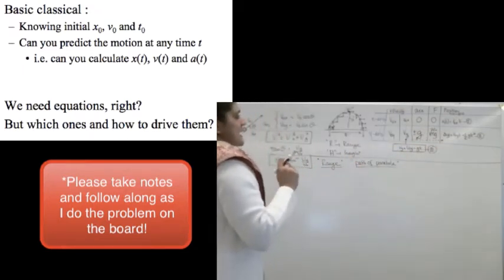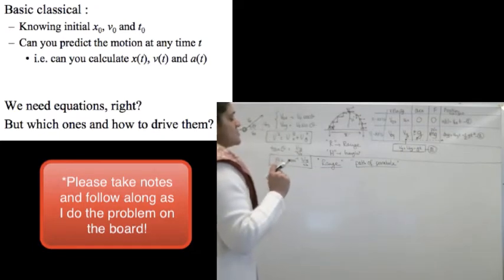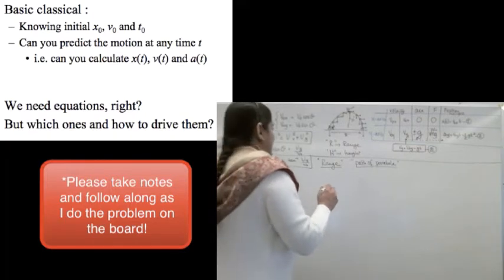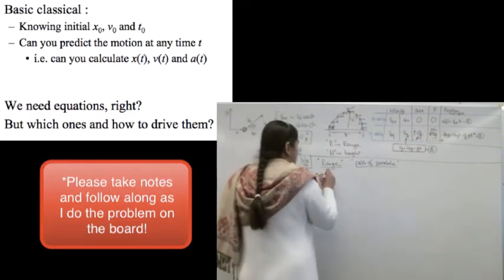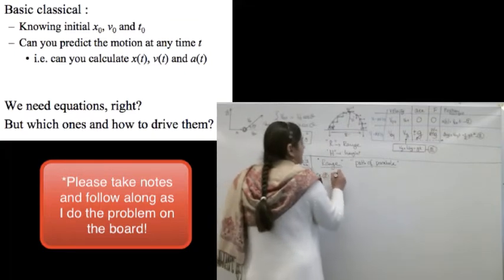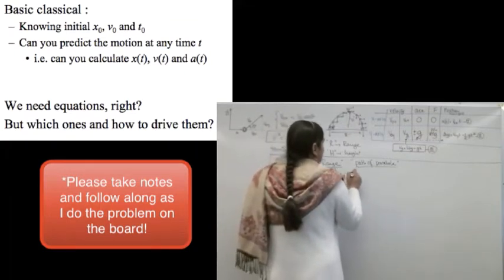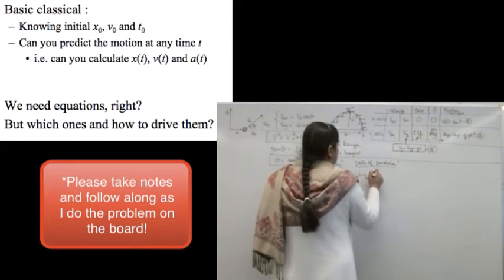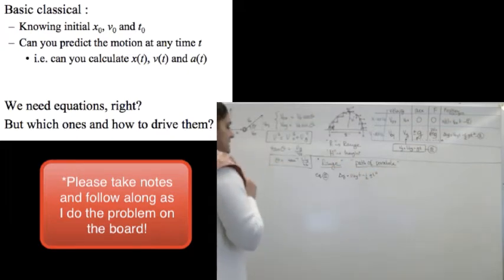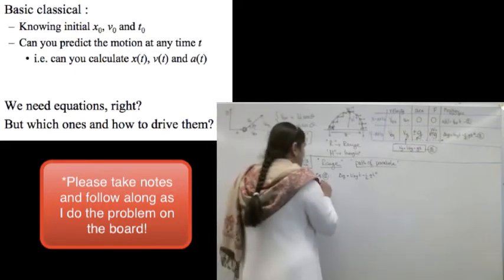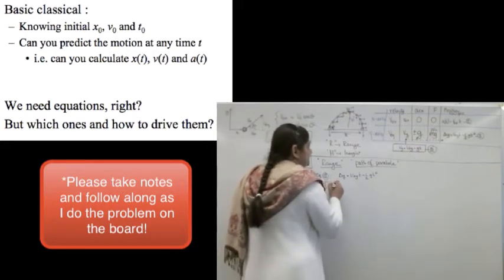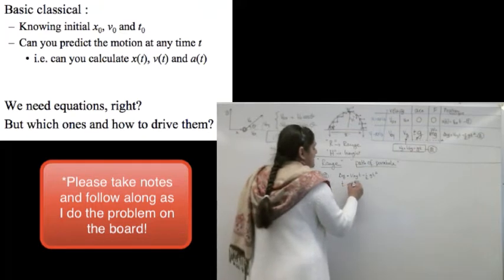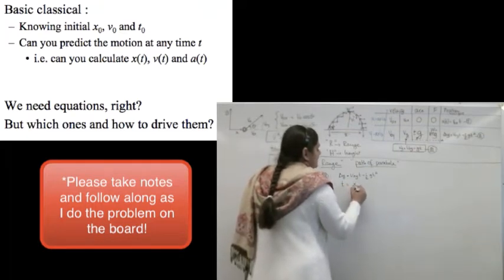So what if I take my equation 2? I can rewrite equation 2 as delta y equals v0y t minus a half g t squared. And I have from equation 1, t is x over v naught x.